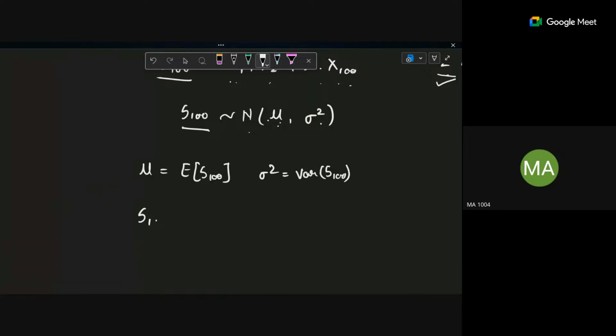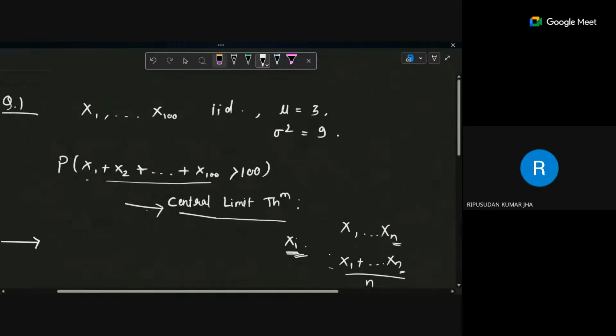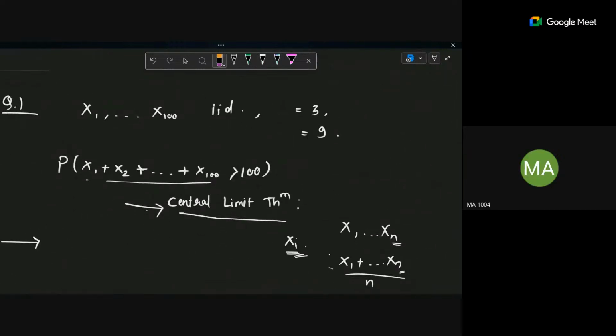So what will be your mean? That is nothing but the expected value of S100. What did you get for the expected value of S100? That is the expected value of X1 to X100, so 100 into expectation of X. I just by mistake wrote mu and sigma here.